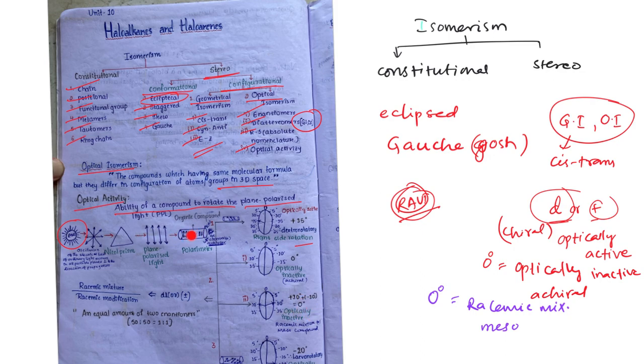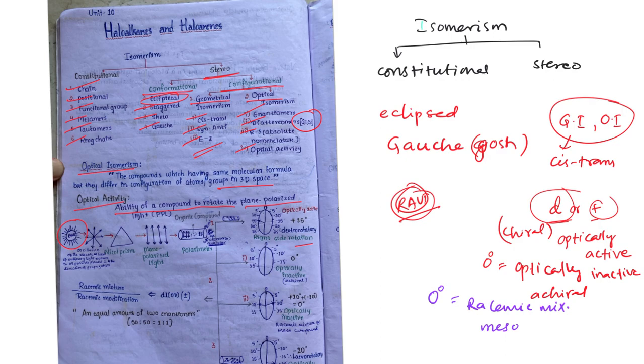Another one, if the plane polarized light is rotated to the left side with respect to the observer, you have to analyze this properly, then I denote it like this, minus 20. So minus 20 degree, laevo rotated, optically active.